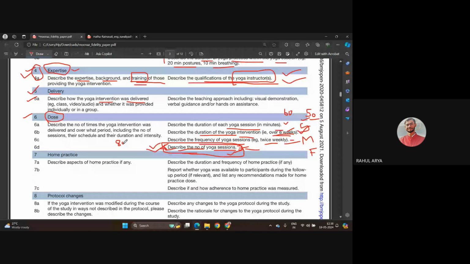Have you noted that in the research papers? Yes, 80% attendance and above. Only those students were included in the post-assessment. Very good. Below 80%, we will not include; we count them in the dropouts. So how will that be clear? That will be clear only with the number of sessions. That's why the number of sessions is important.